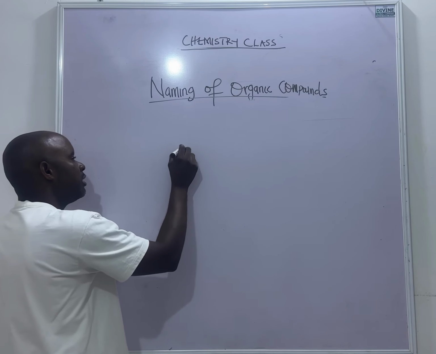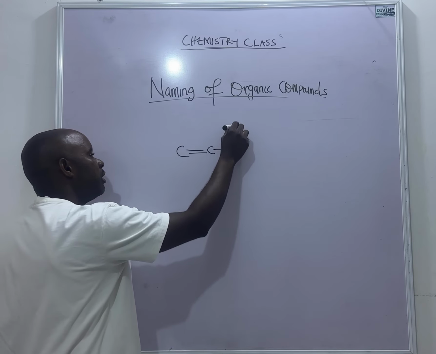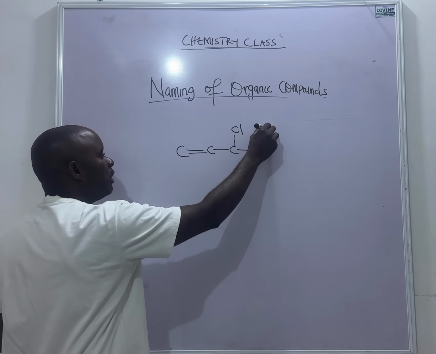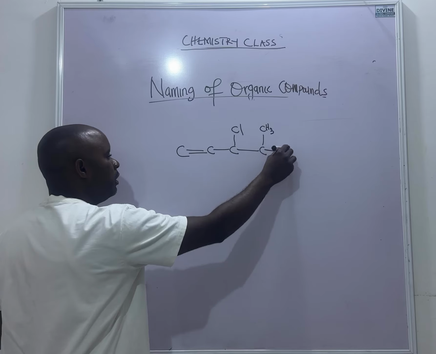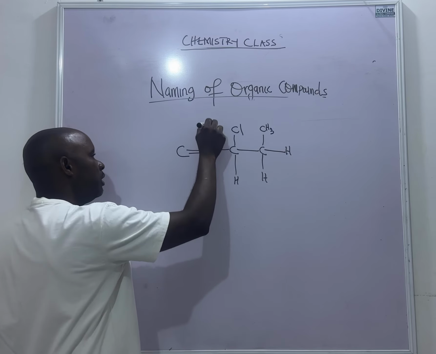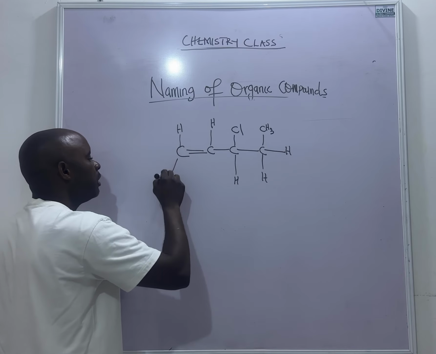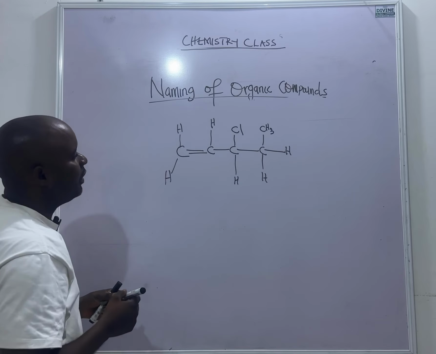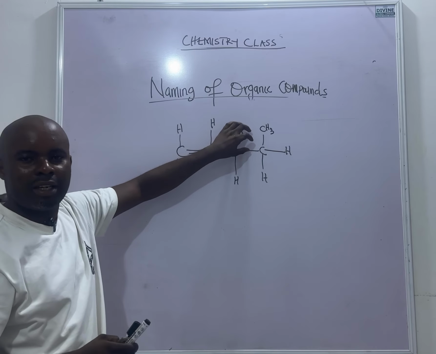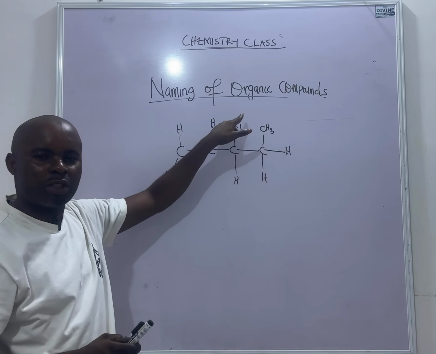For instance, now let's have... irrespective of the substituent in the alkane family, we said most of the time the substituent is given the lowest possible number.